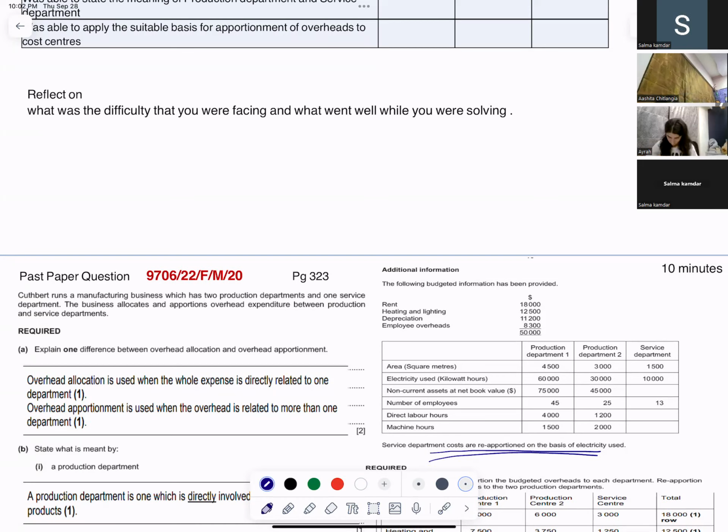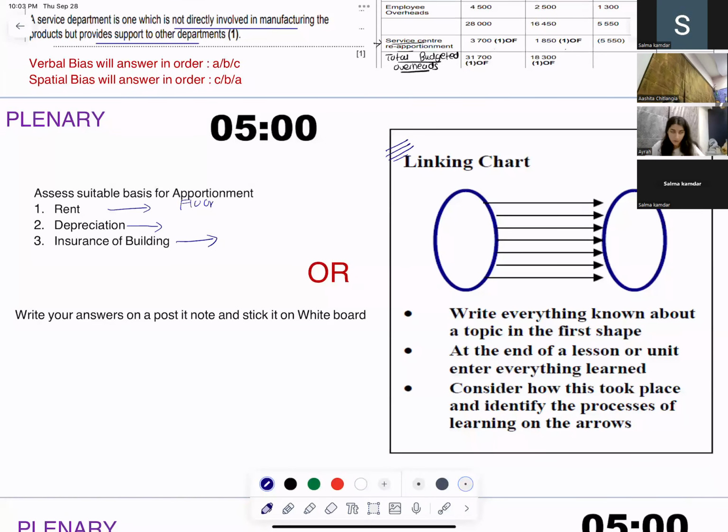Can you give me a suitable basis for apportionment for rent, depreciation and insurance in this month? For rent it will be floor area.